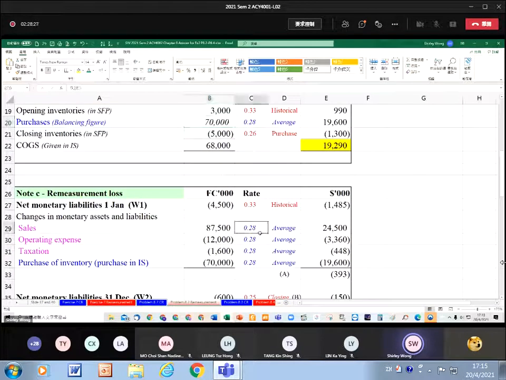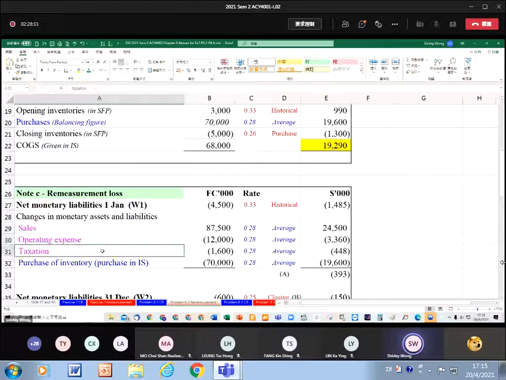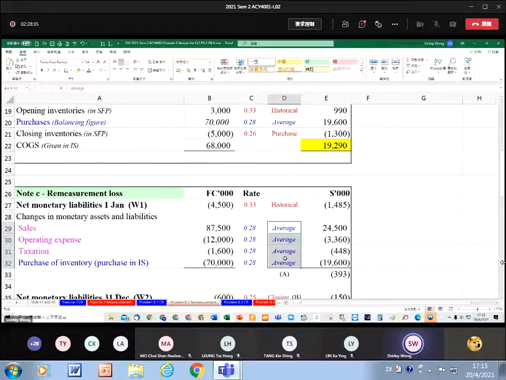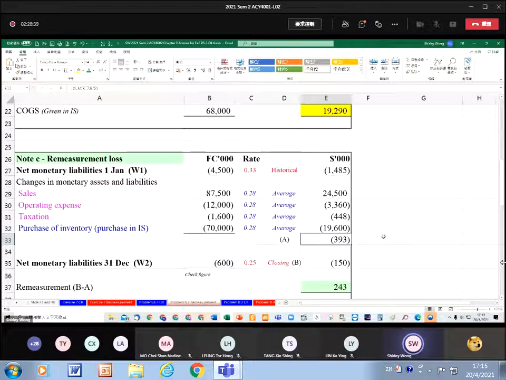And all use the average rate, so you will separately put in all this information. Finally, you get the figure of negative 393, and then using the closing rate provided, it should be 150. 我們應該是負393的，但現在只是負150，所以是好了，這是一個remeasurement gain, because it is a positive figure. We use B minus A.